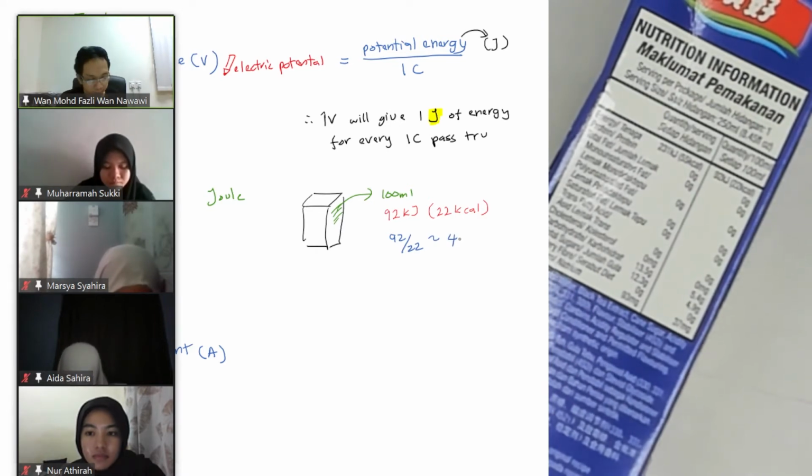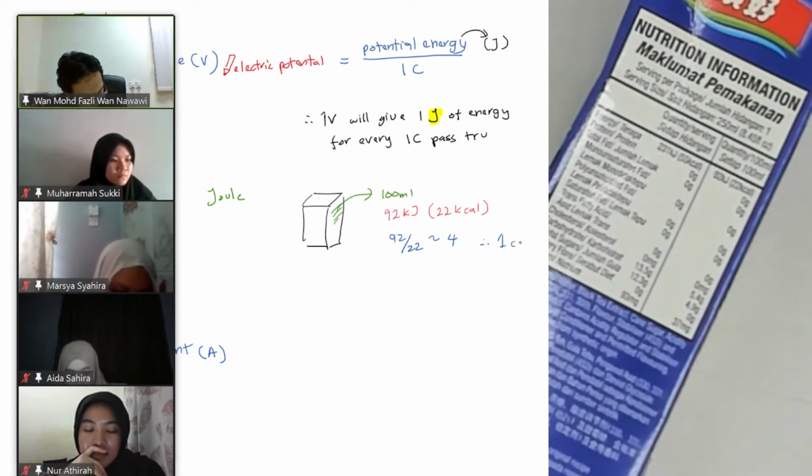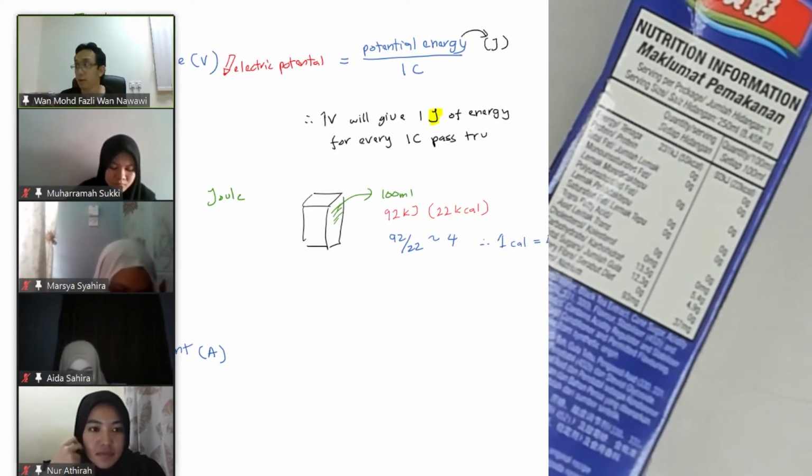So meaning that 1 calorie is equivalent to 4 joule. So that's what it means.